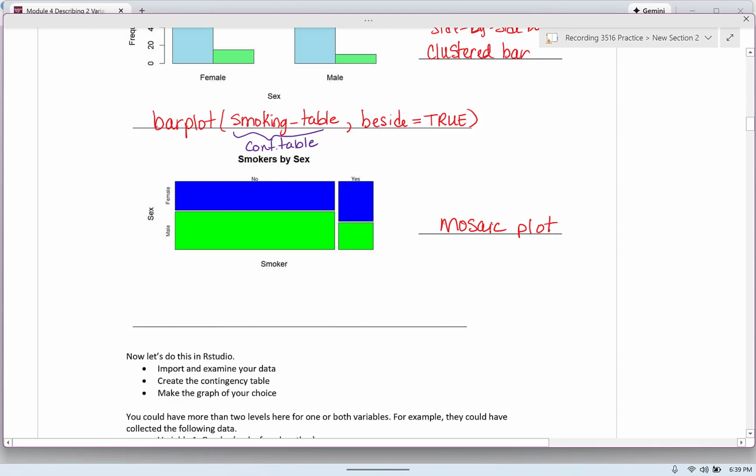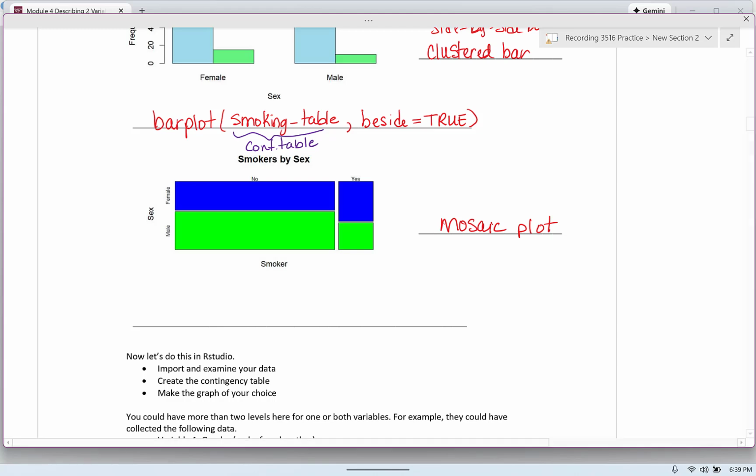And so instead, you're relying solely on the area you see with your eyeballs. It has one variable on one side and the other variable on the other axis. And then it'll tell you male, female, yes, and no on each of the columns or rows. And your eyeball has to look at the area to see any differences or things you need to explain.